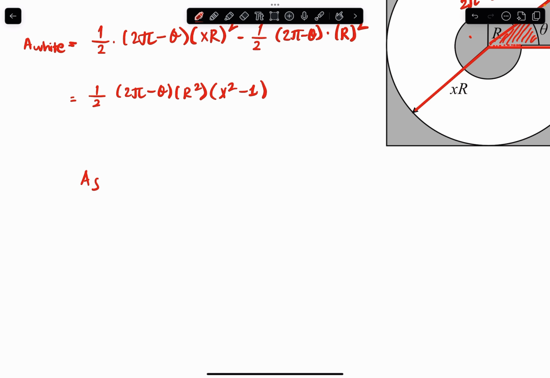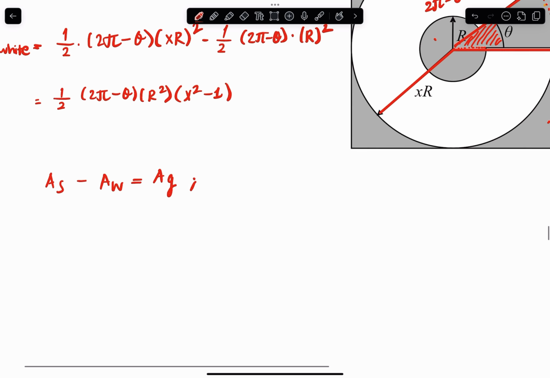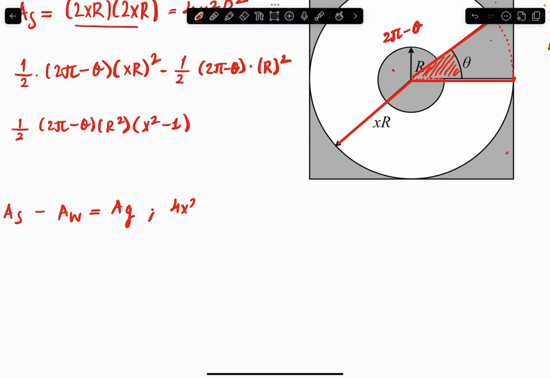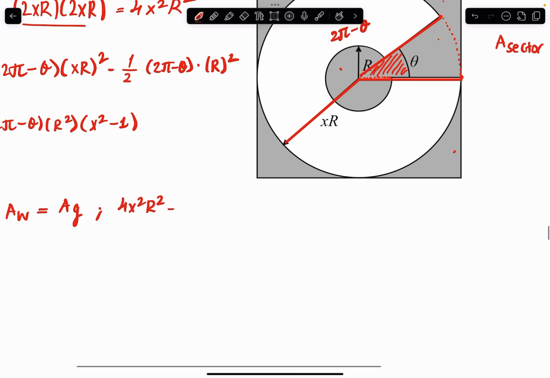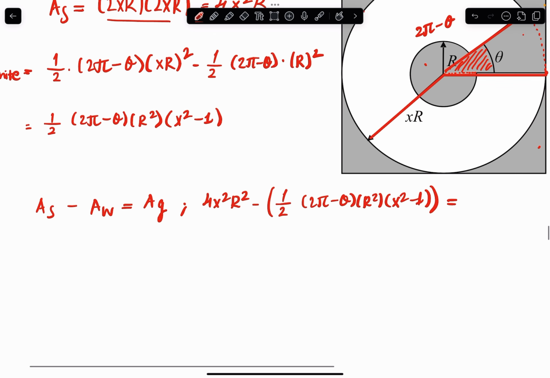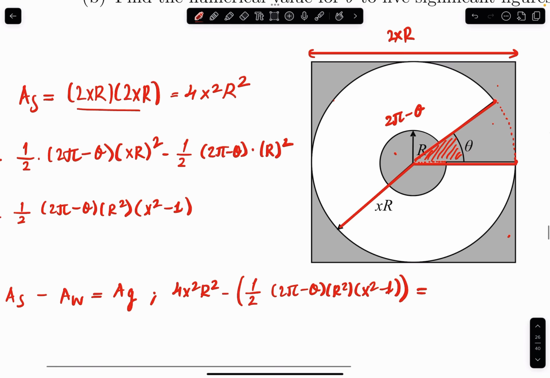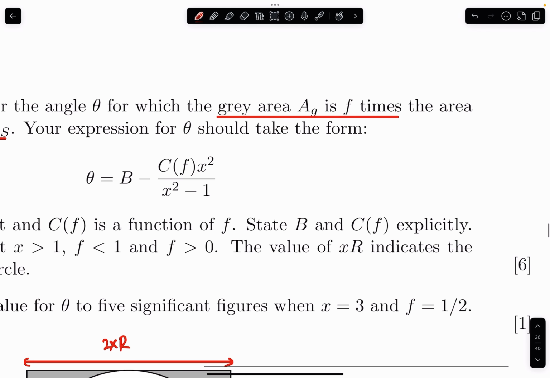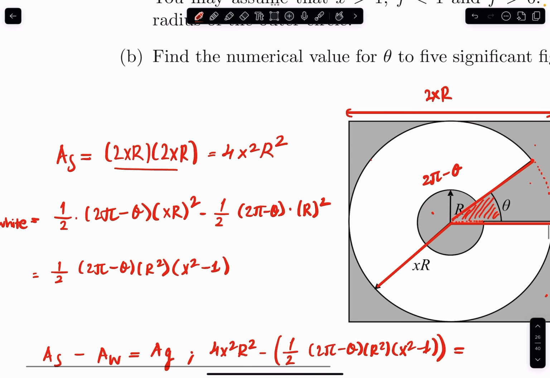So I'm going to be removing the white piece from the area of the square, and I'm going to be left with the gray area. So that means 4x squared r squared minus 1 over 2, 2 pi minus theta, r squared, times x squared minus 1, is going to give us the area of the gray area, which we found to be f times the area of the outer square AS.